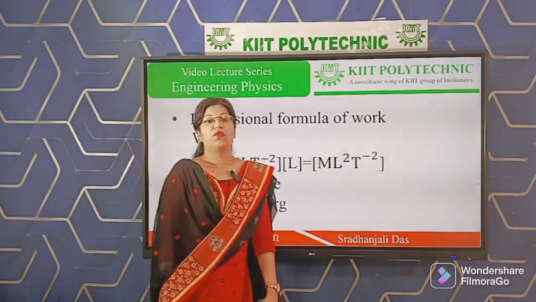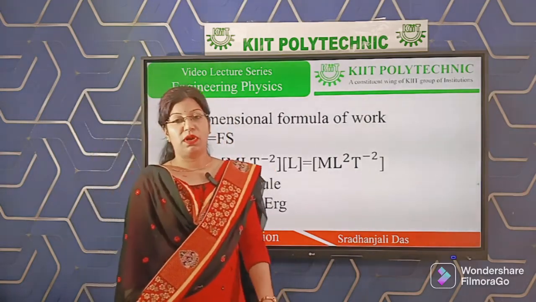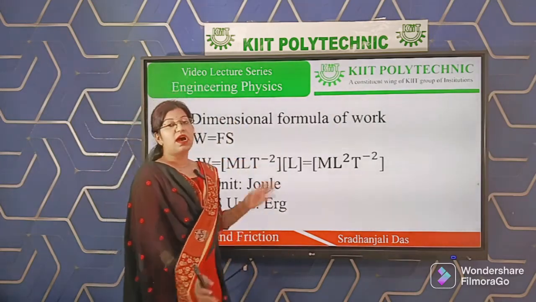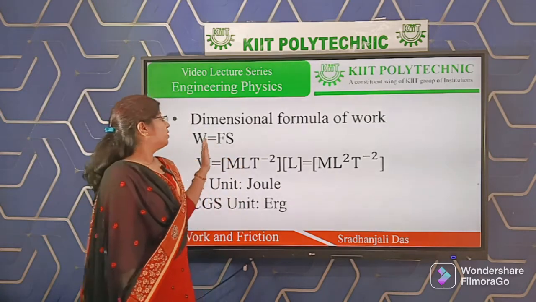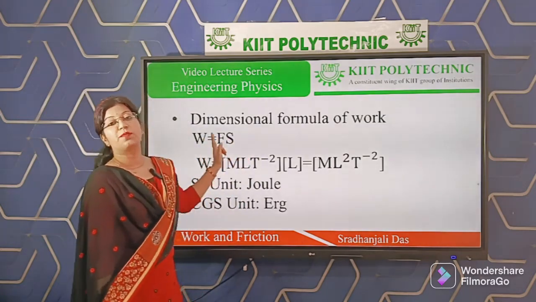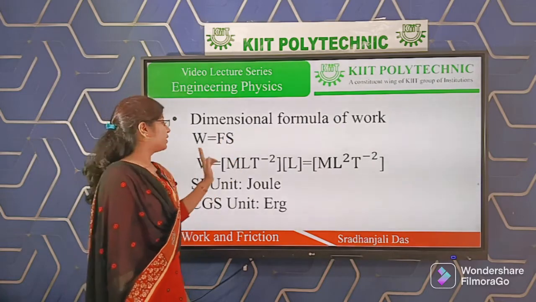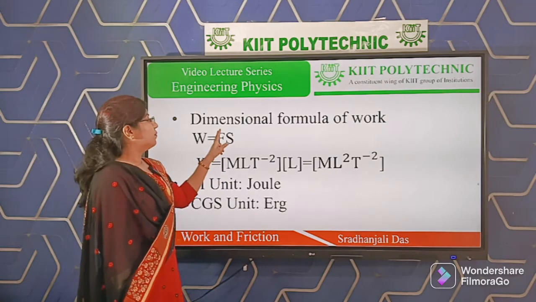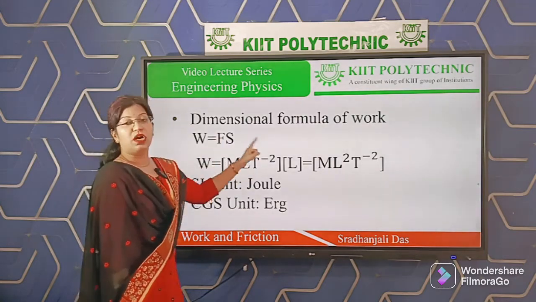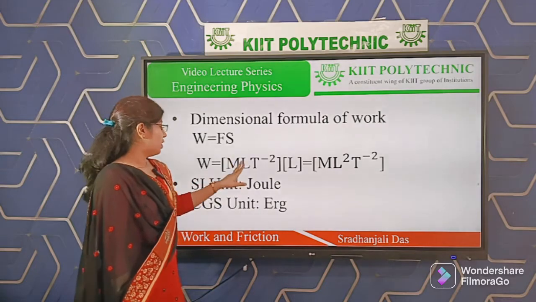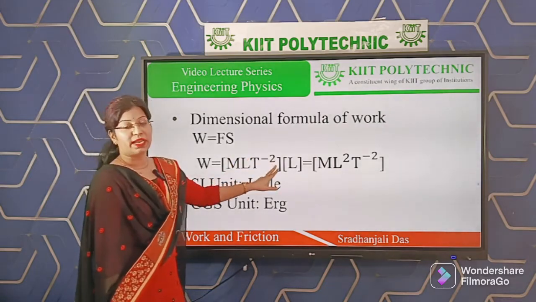Now we discuss the dimensional formula of work. Work is the product of force and displacement. So the dimensional formula of work, W, is equal to, first, the dimensional formula of force, which is mass into acceleration, that is M^1 L^1 T^-2.